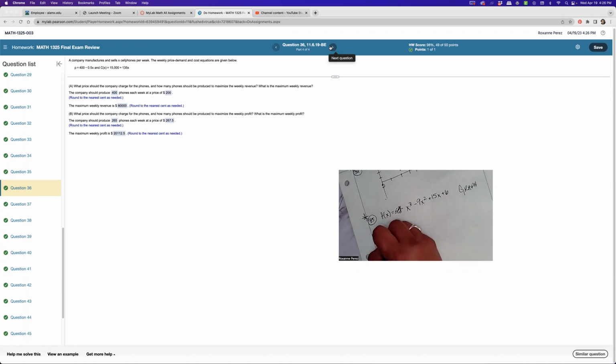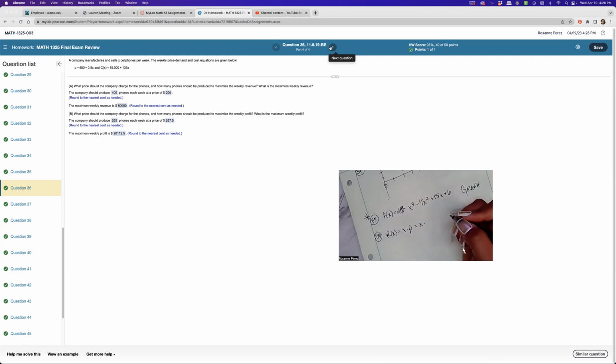Okay, so we know that revenue is the product of x times p. We are given our price-demand function. So x times (400 minus 0.5x), which gives us 400x minus 0.5x squared. And then we want to maximize this. We can do this two ways.